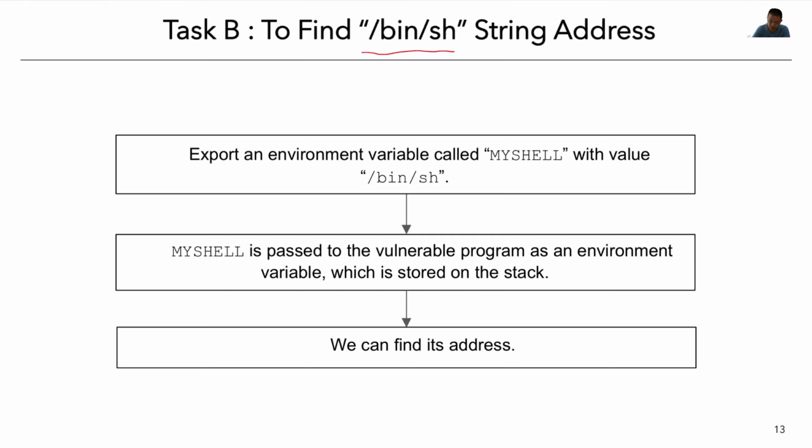But the problem is that in the previous shellcode, if you still remember, we actually pushed the string to the stack. We cannot use this method here because we are not allowed to execute any shellcode that introduces code.